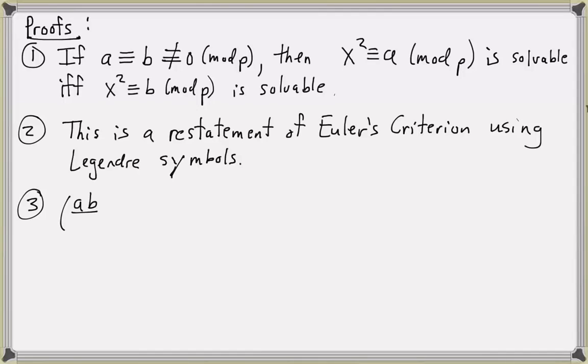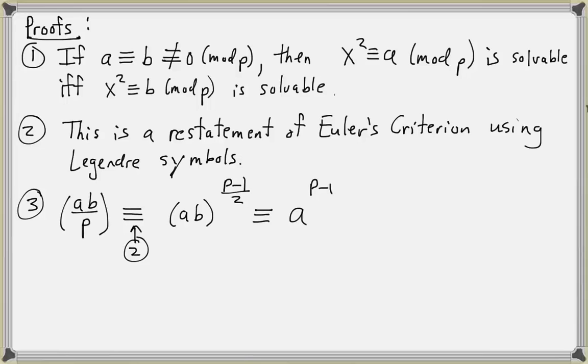So if ab is not congruent to 0 mod p, then by property 2, I can write (ab/p) as the quantity ab to the power (p minus 1)/2. So these two quantities are congruent. But I can distribute this exponent to write this as a to the (p minus 1)/2 times b to the (p minus 1)/2.